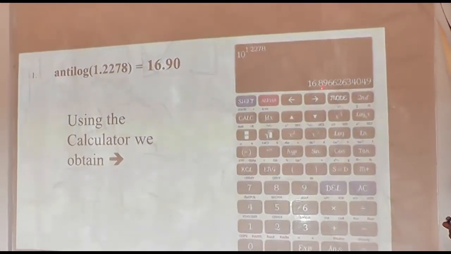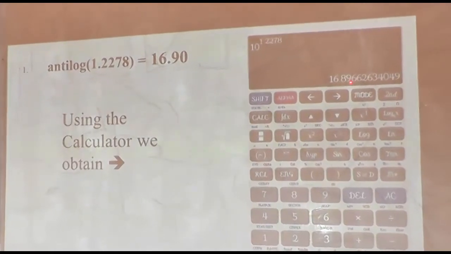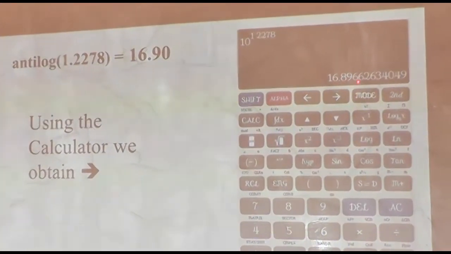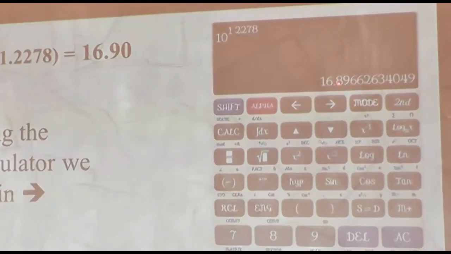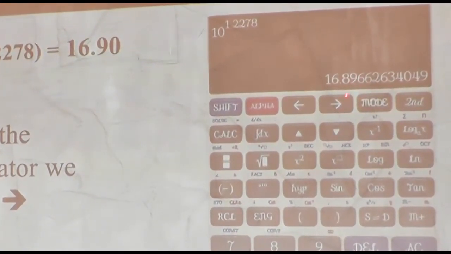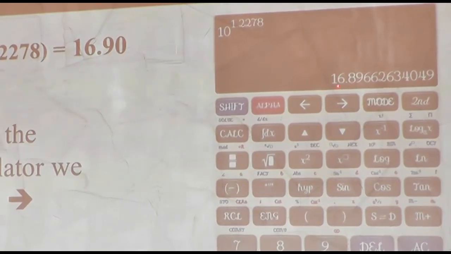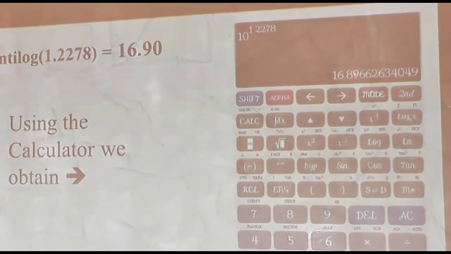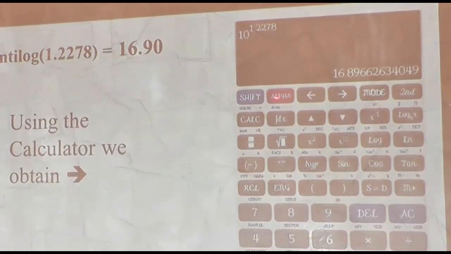So we have 16.89. Okay? And in the solution, we said it's always in 4 figures, so you also round up so that you have 16.90. You can round up this 8 to 9, and the rest we give 0.